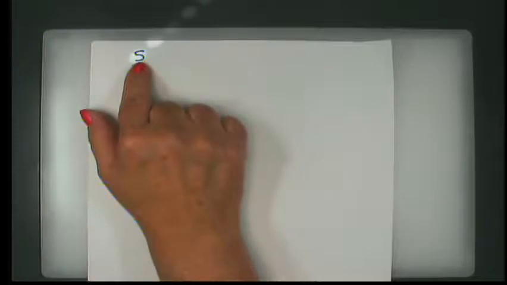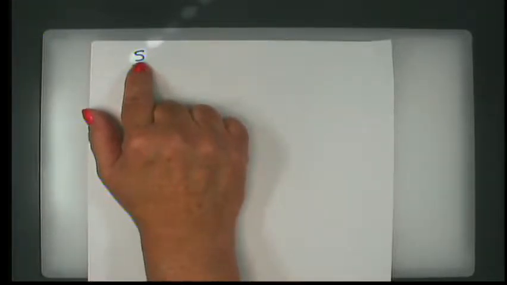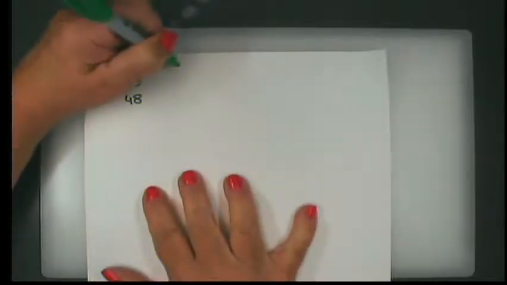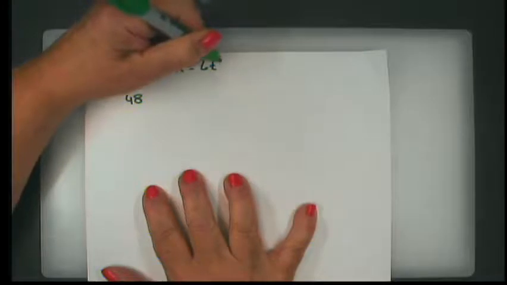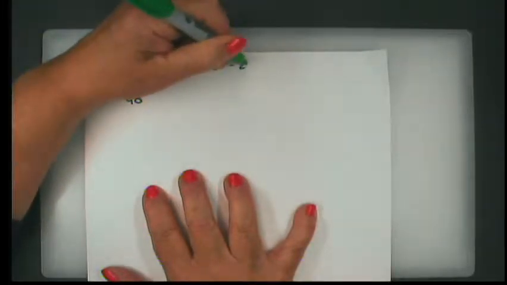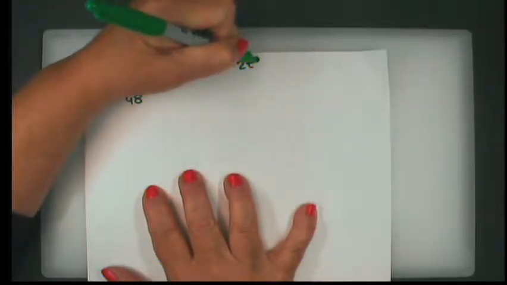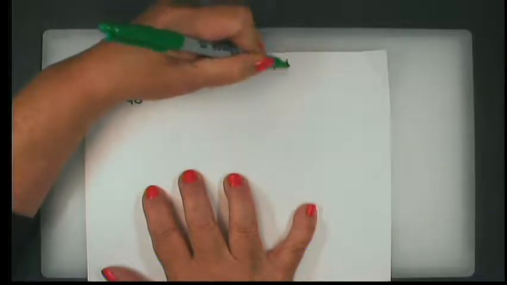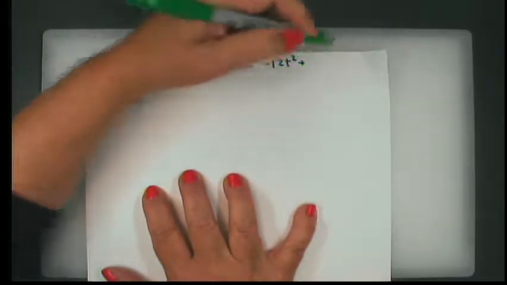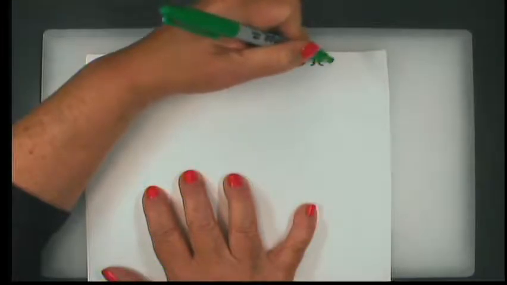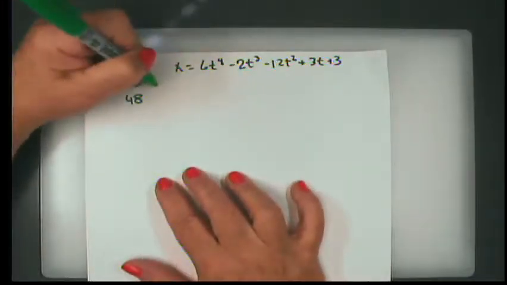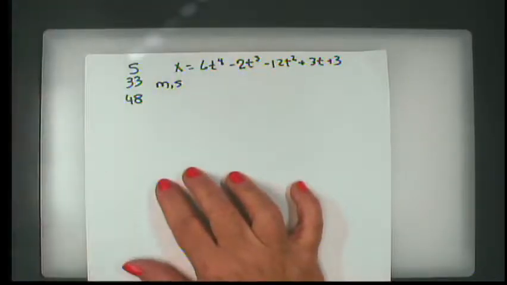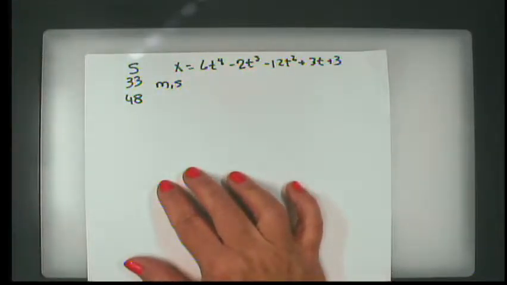So 11.5 reads, the motion of a particle is defined by this relationship. x is equal to 6t to the 4th minus 2t to the 3rd minus 12t squared plus 3t plus 3, where x and t are expressed in meters and seconds, respectively.